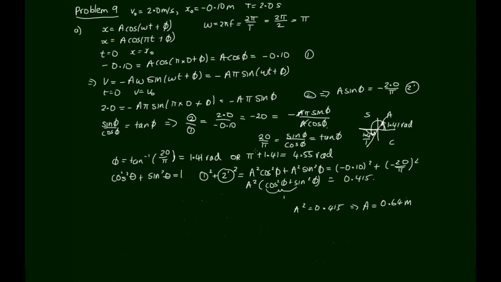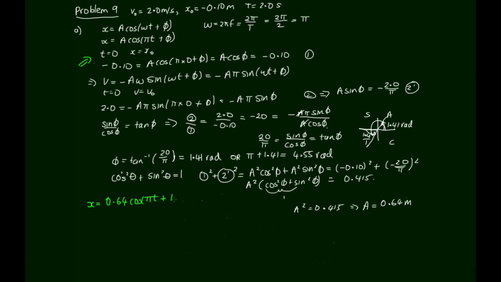Okay, so we've solved it for a, but it's a good idea now just to check, and going on we're going to need to know which of these is the right option. Okay, so let's have a look back now to check. Let's check this part here. So we have x is equal to a, which is 0.64, and then that's times cos of pi t plus, well, is it 1.41 or 4.55?